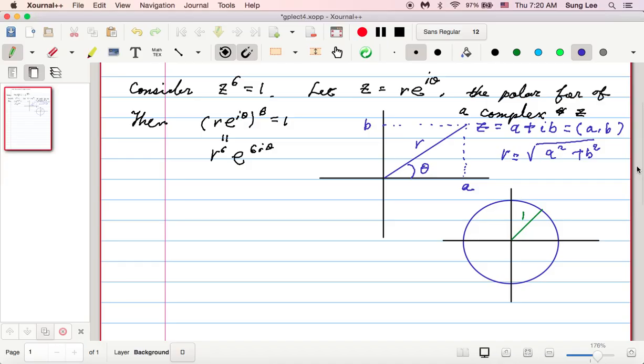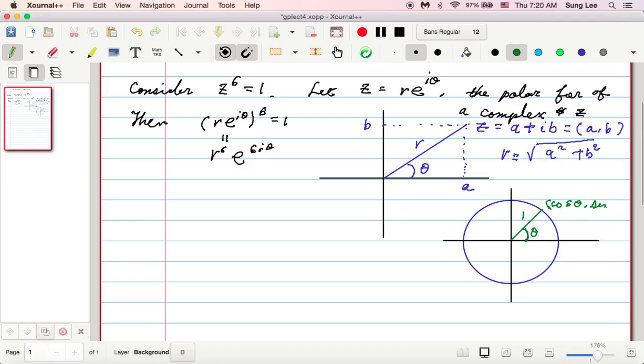What I'm saying is that any point on the unit circle has a corresponding unique angle theta. This point here is exactly cosine theta, as you have learned in trigonometry, and sine theta.